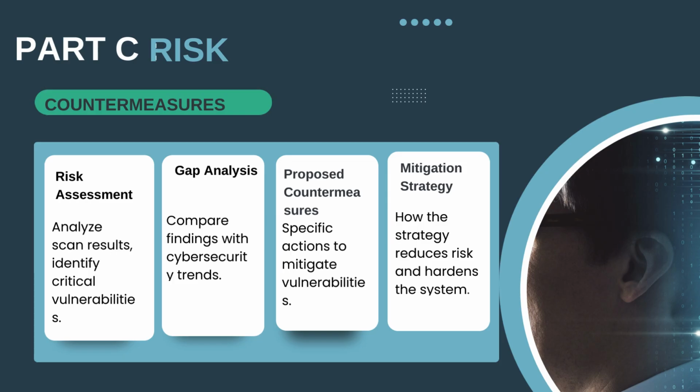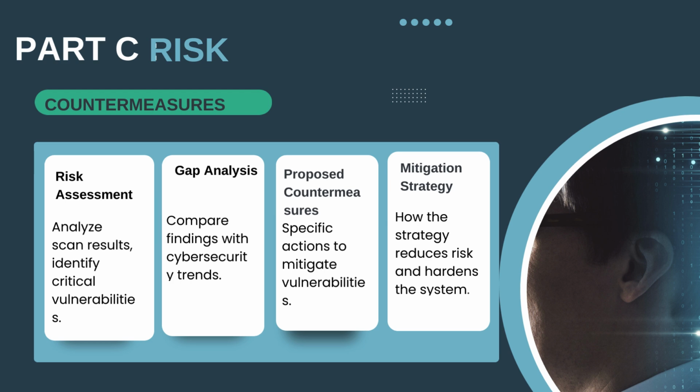Now, let's move on to Part C, Risk Assessment and Countermeasures. We begin by analyzing the scan results to identify critical vulnerabilities and potential threats. We compare our findings with current cybersecurity trends to understand the relevance and severity of the vulnerabilities.